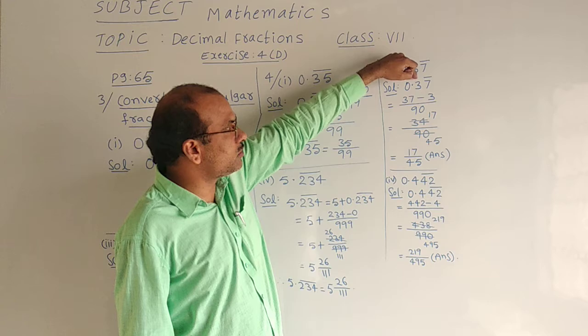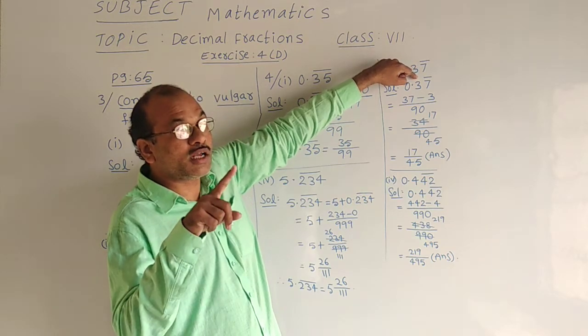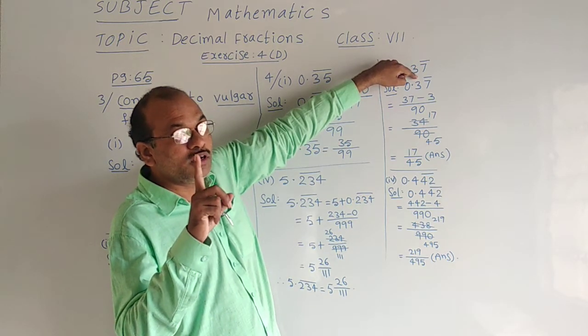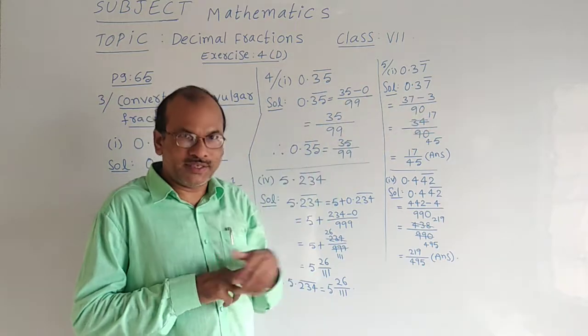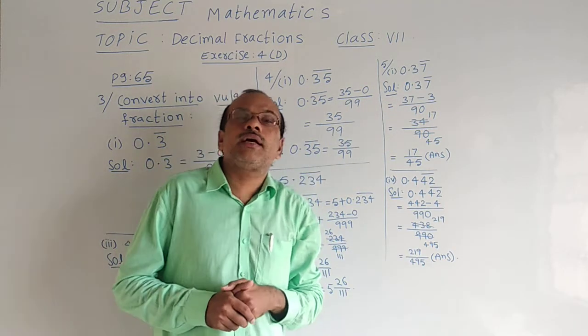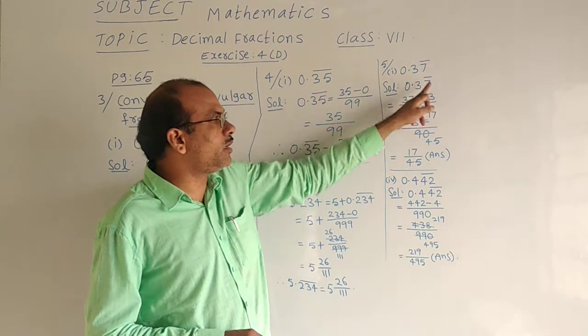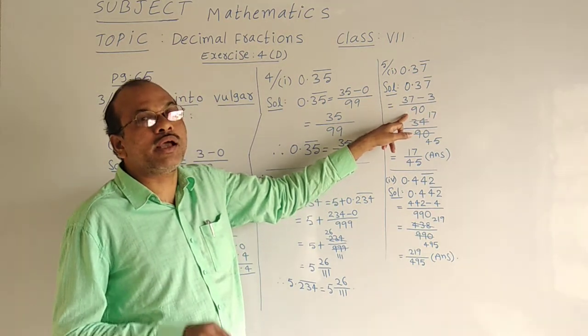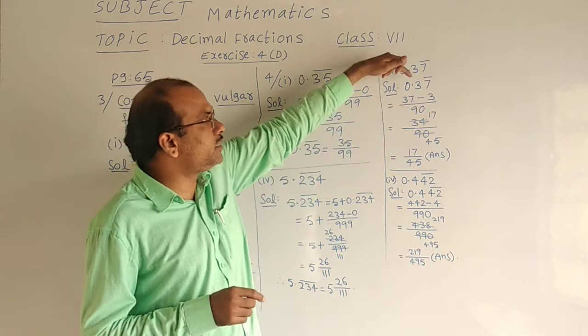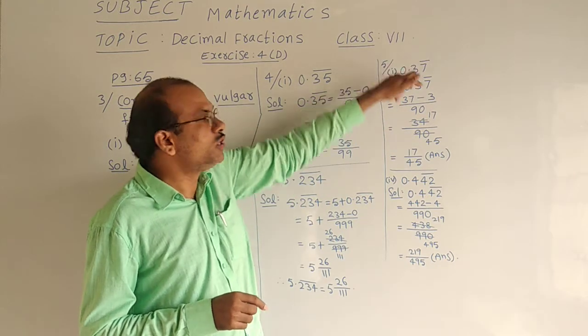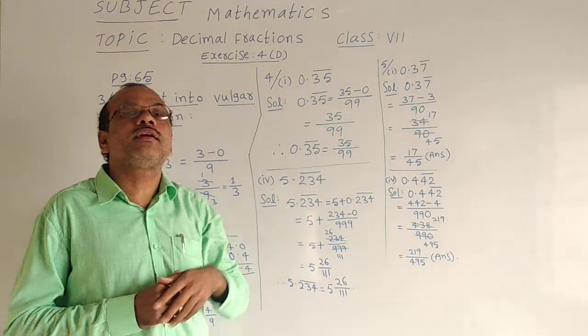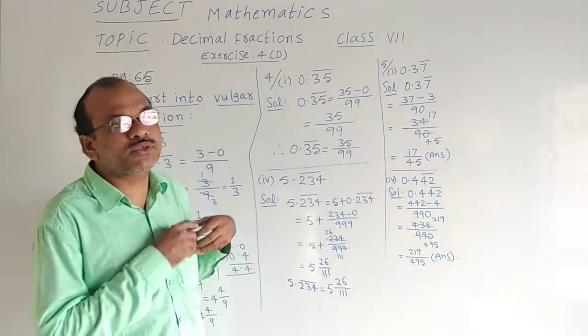Then the other digit, one digit not under a bar, so one 0 I should place. Like that I can write 90 in the denominator. One digit is under the bar, so the denominator has one 9. Another digit is not under a bar, so one 0 is written. Is it clear for you, students?